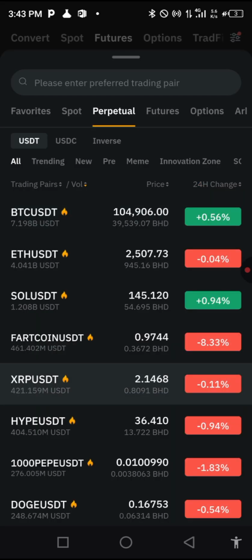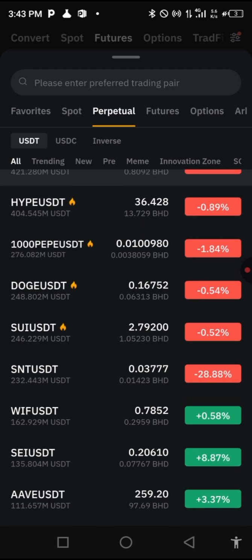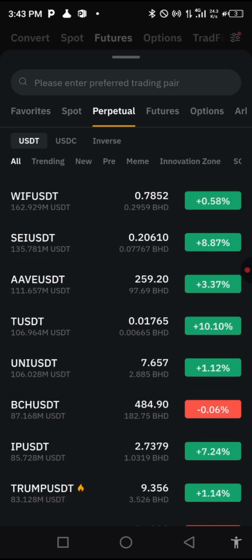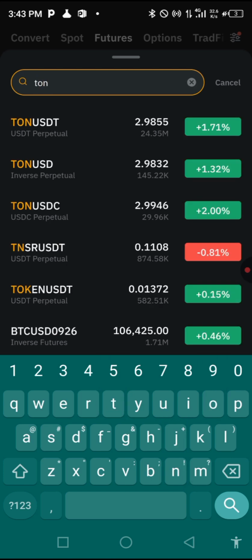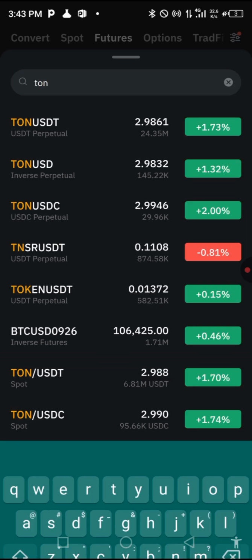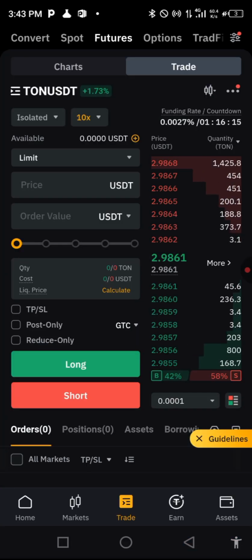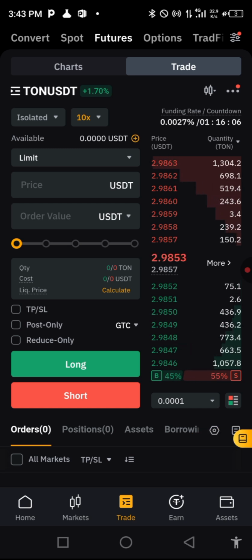Once you click on it, it will open this interface. If you can't find it here, you can actually search for it. Let's say you want to trade TON, so look at it here. Once you search for it, just click on it, and there it has changed from XRP to TON USDT. Once you've done that, then you can go ahead.